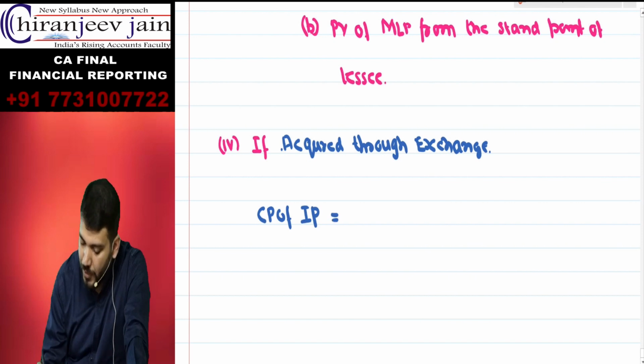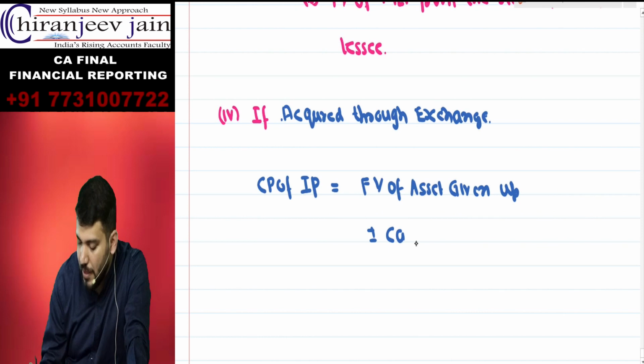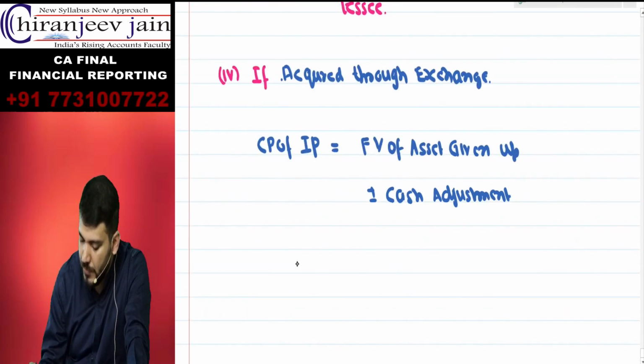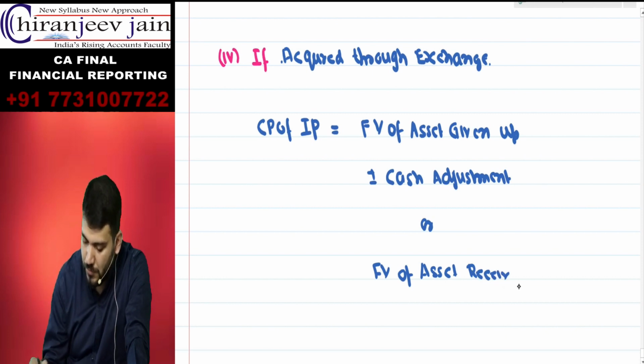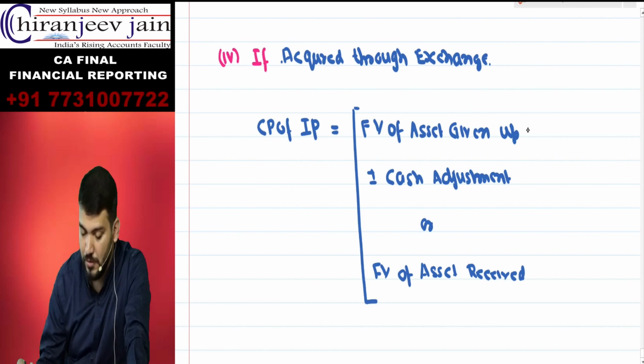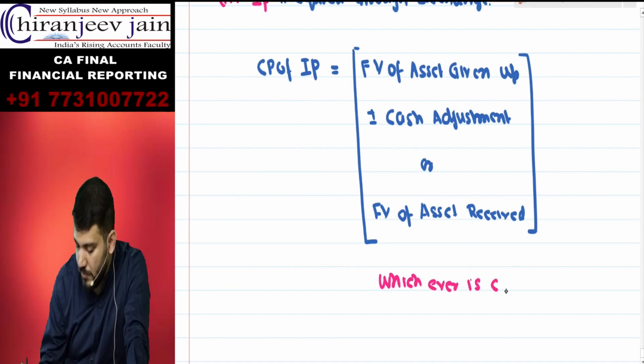It will be equal to the fair value of asset given up plus minus cash adjustment, or the fair value of asset received, whichever is lower, whichever is clearly evident. Simple.